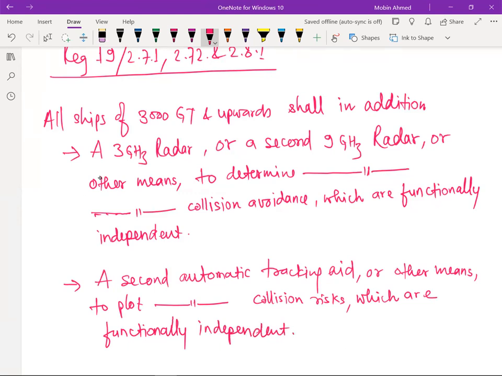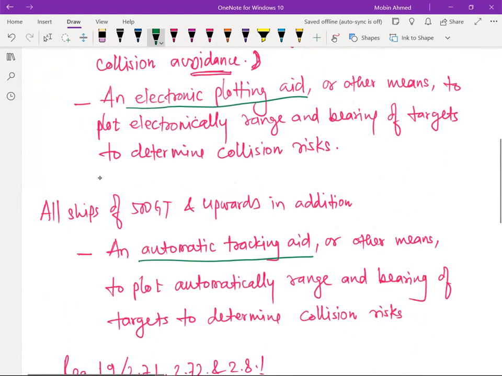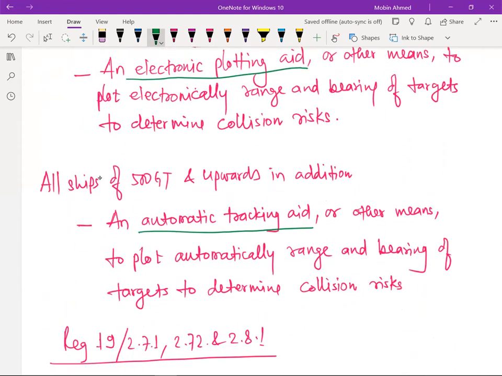Again I have put a dash here, which you need to copy from here. From here you need to copy, and put it here.